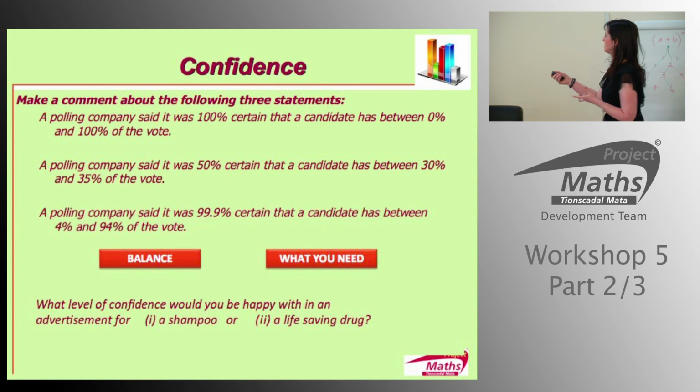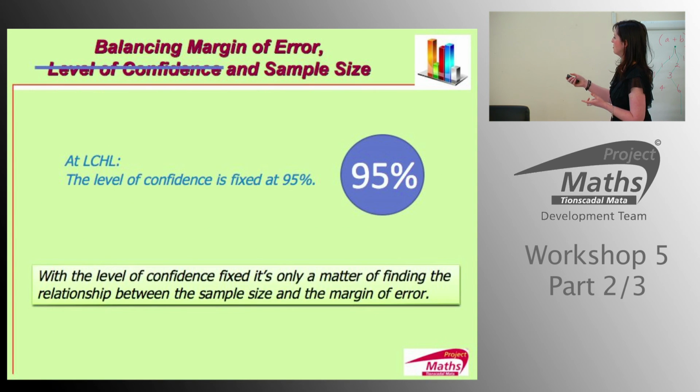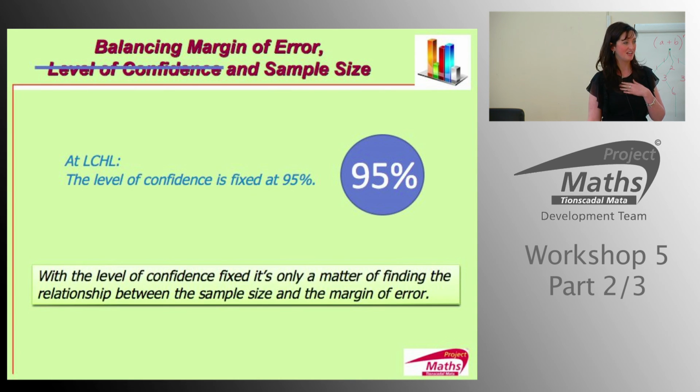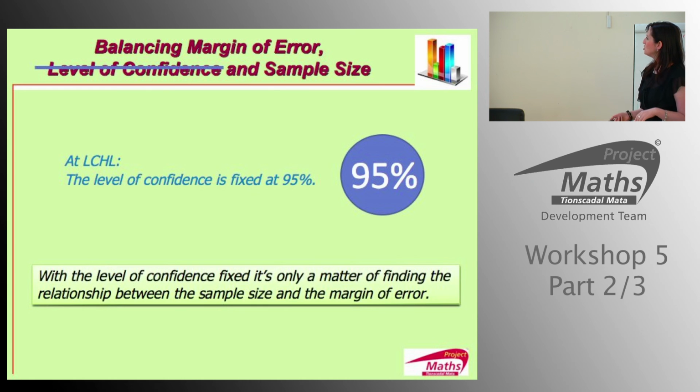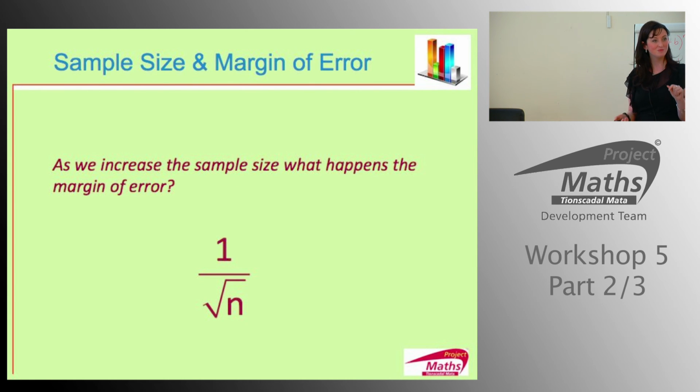So what that means is we don't need to worry about the level of confidence, but what we do need to worry about is the margin of error and the sample size. Because the sample size is going to tell me a lot about how confident I am in my statistics, isn't it? Okay. So that's where the margin of error comes in.